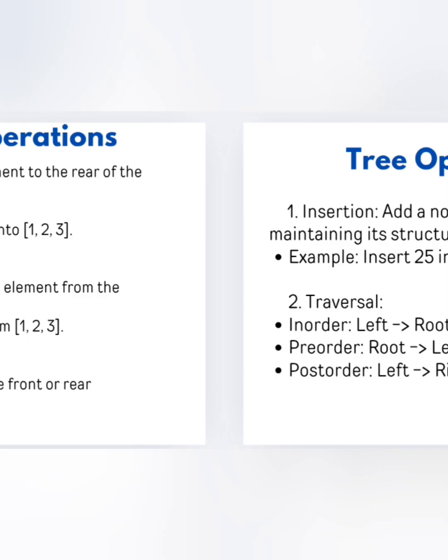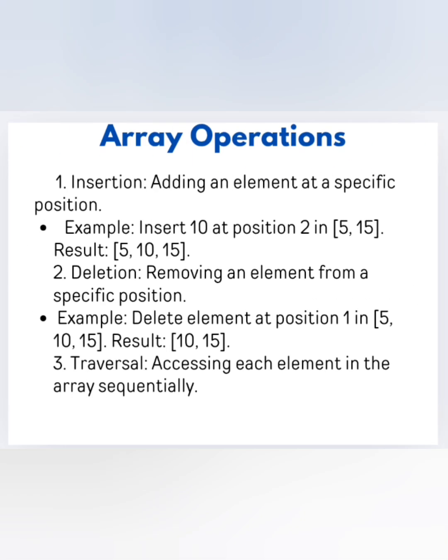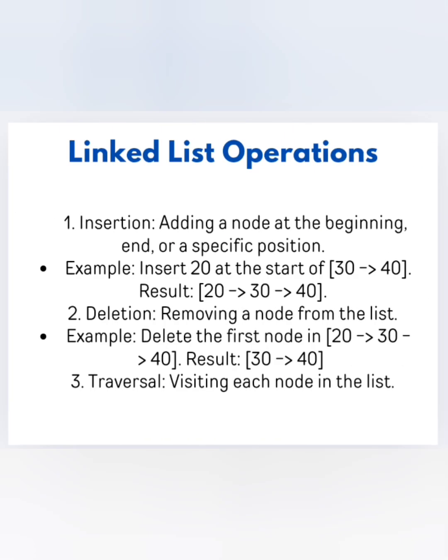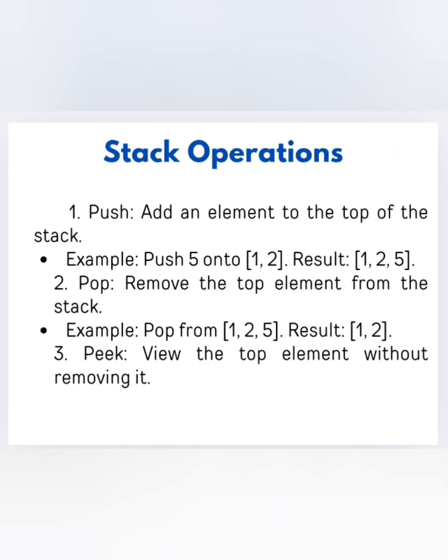So here we saw the different data structures and which basic operations each performs. Array performs insertion, deletion and traversal. Linked list uses insertion, deletion and traversal. Stack uses push, pop and peek.